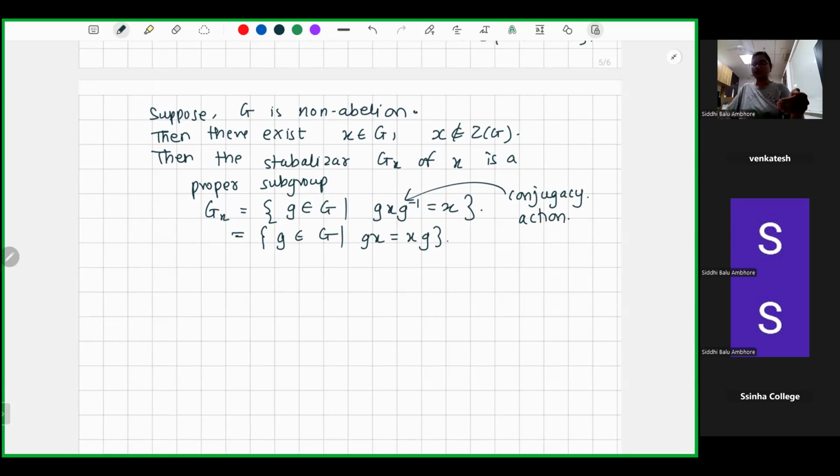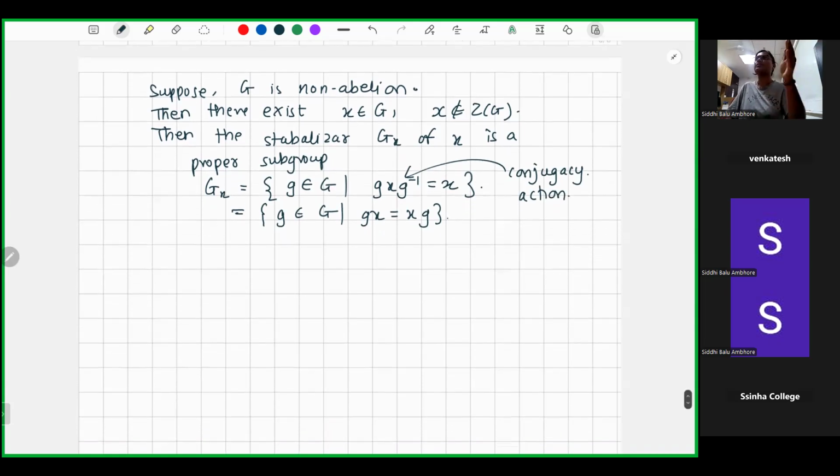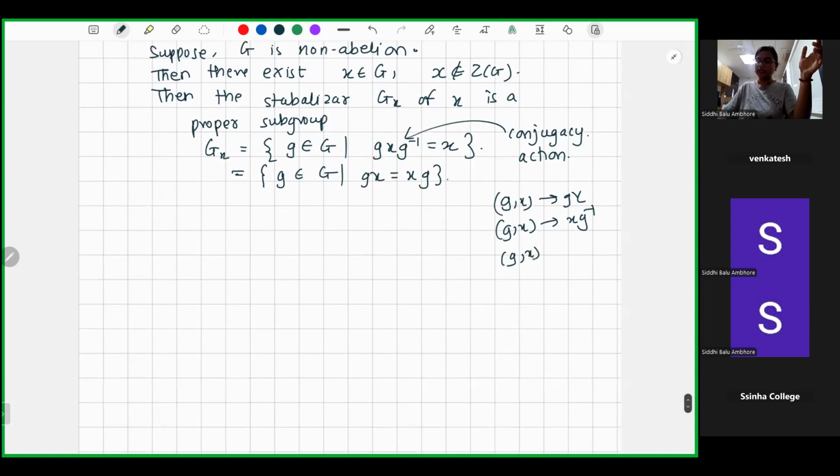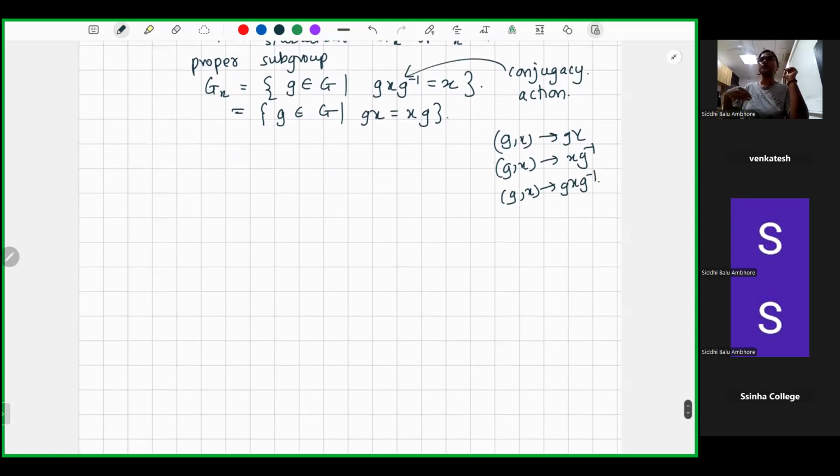We saw three actions last week, if you remember. One was left multiplication, which was x going to gx. Other was right multiplication, which was x going to xg inverse. And other was x going to gxg inverse, if you remember correctly. This was our group.